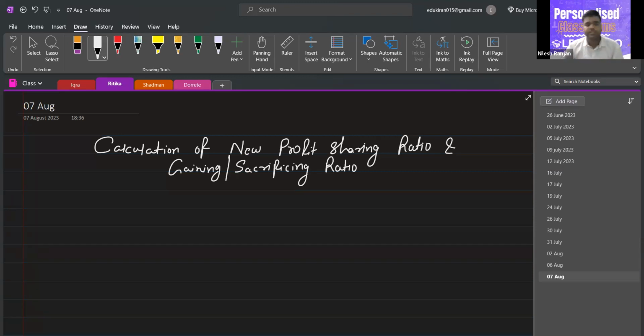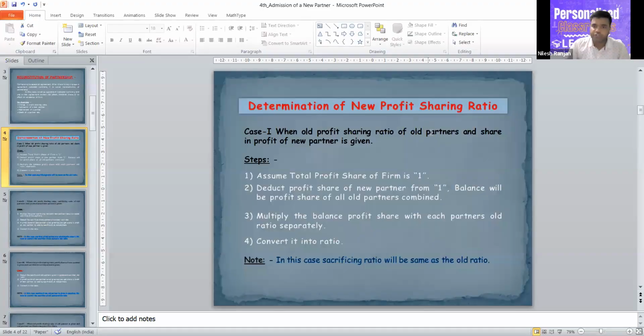So the first case is when the old profit sharing ratio of old partners and the profit share of the new partner is given.